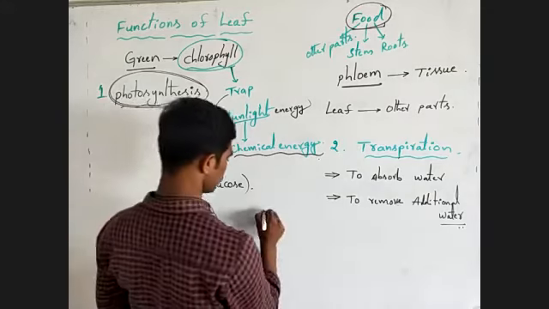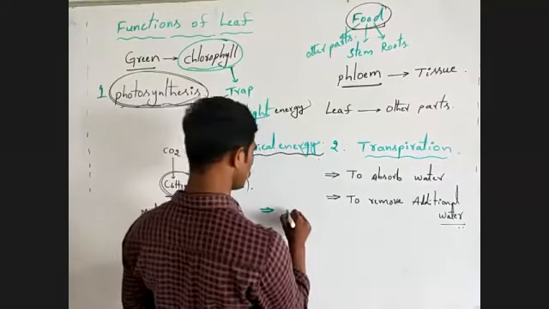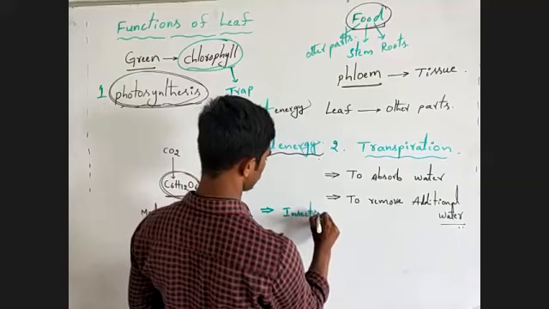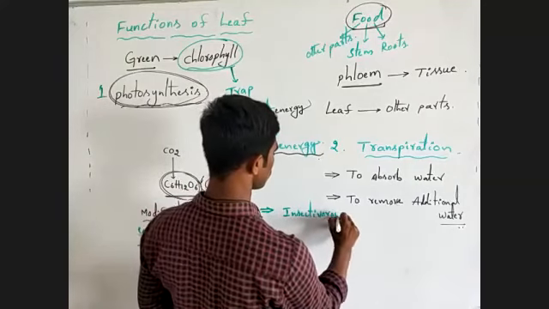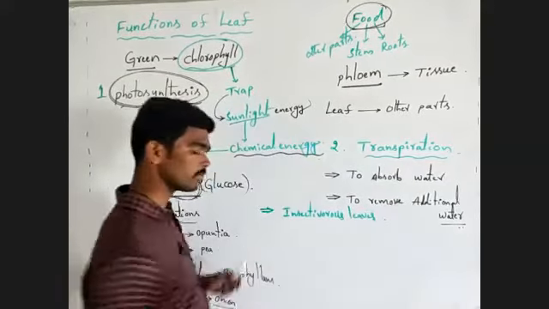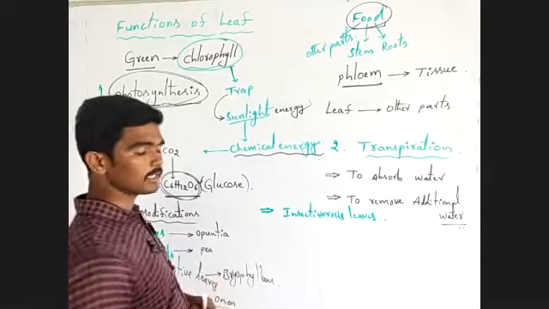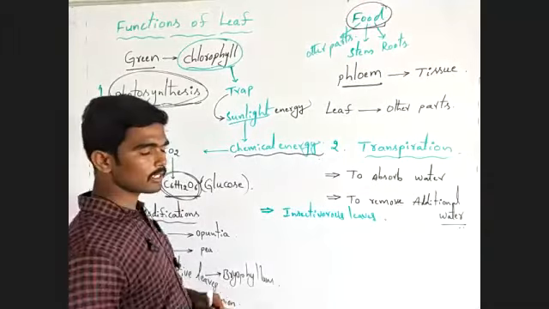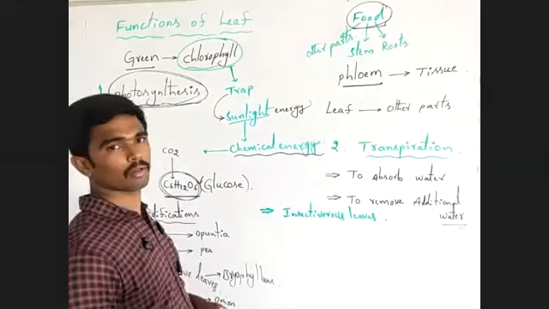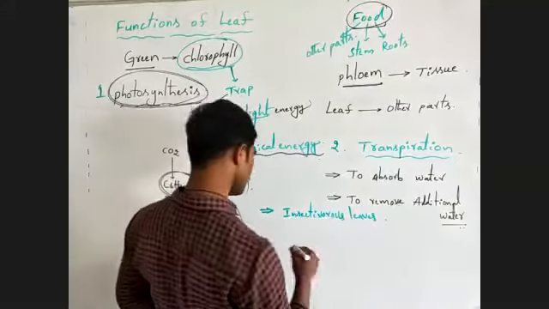In some plants, leaves are modified into insectivorous leaves. To trap the insect and to digest the insect, leaves are modified into pitcher-like structures or any other similar structure.